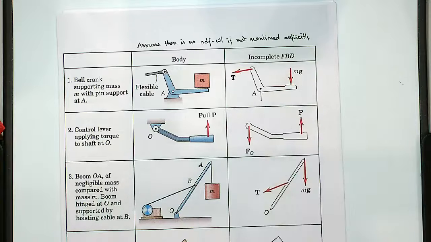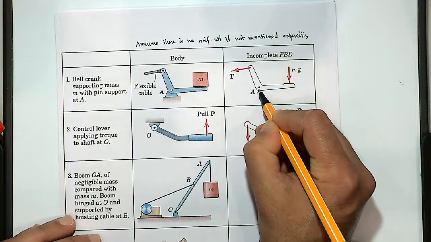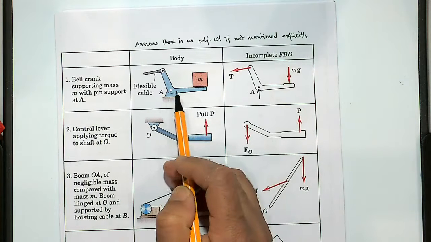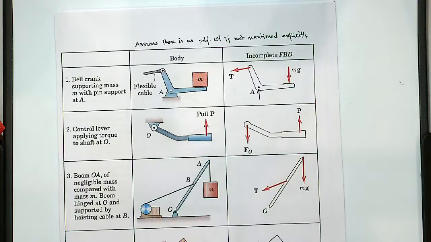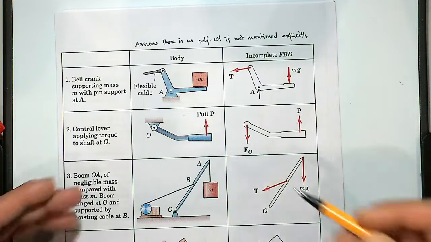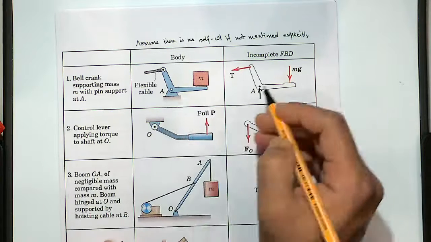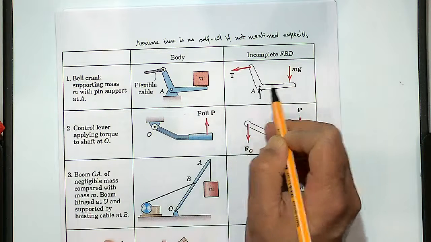Now this could be up or down. We could see that the weight is acting downwards, so most likely this force would be acting in this direction. Similarly, this pin also stops the crank moving horizontally, so there would be a reaction force offered by the pin here. Again, it could be going from left to right or right to left.